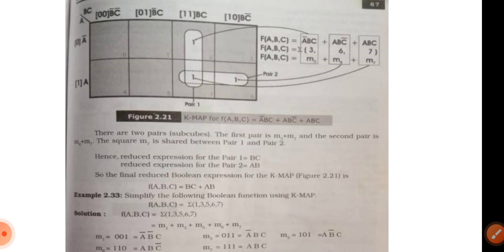There are two pairs of the subcubes. The first pair is M3 and M7. The second pair is M6 and M7. This is the reduced expression. Pair 1 is ABC. BC is common.